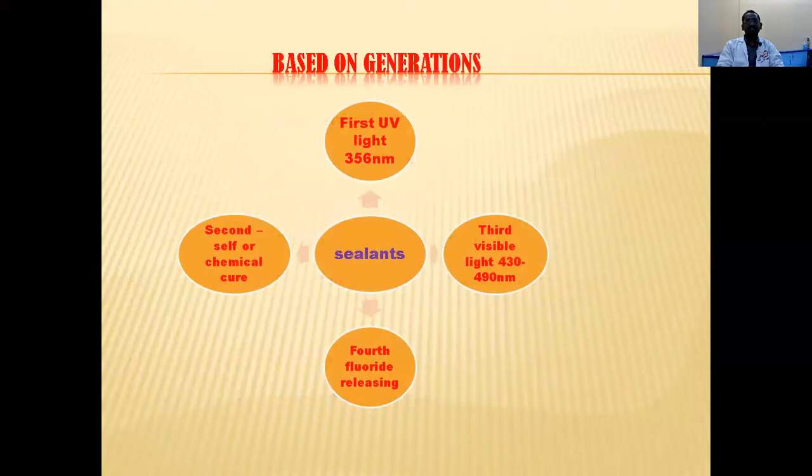Based on the generations, first is UV light, which is of 356 nanometer, second is self-cure or chemical cure, the third is visible light of 430 to 490 nanometer, and the fourth one is fluoride releasing pit and fissure sealant.